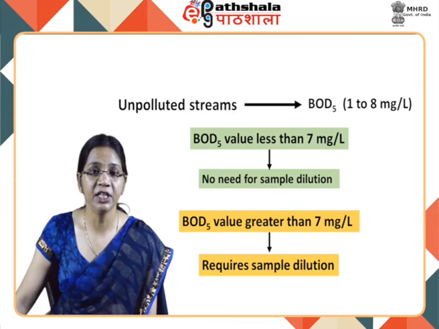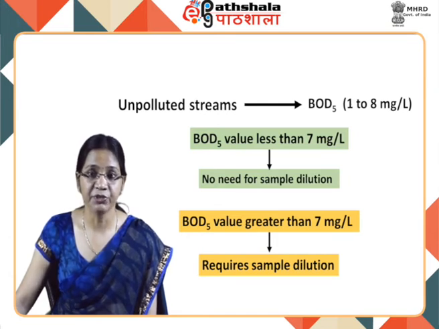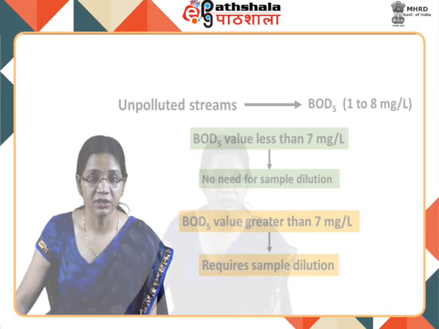Most relatively unpolluted streams have a BOD that ranges from 1 to 8 mg per liter. If the BOD5 value of a sample is less than 7 mg per liter, sample dilution is not needed. A BOD5 value greater than 7 mg per liter requires sample dilution.